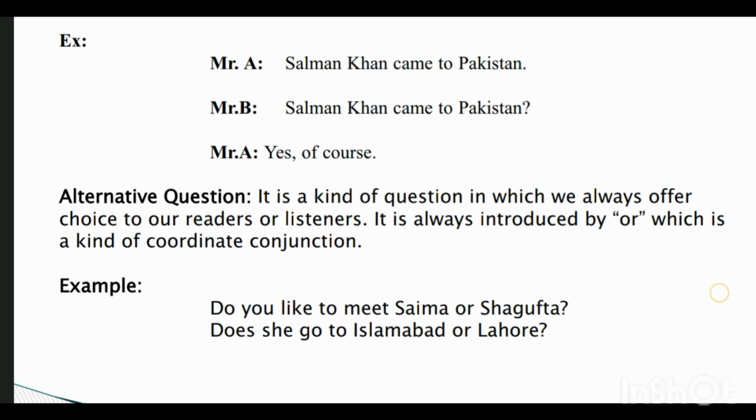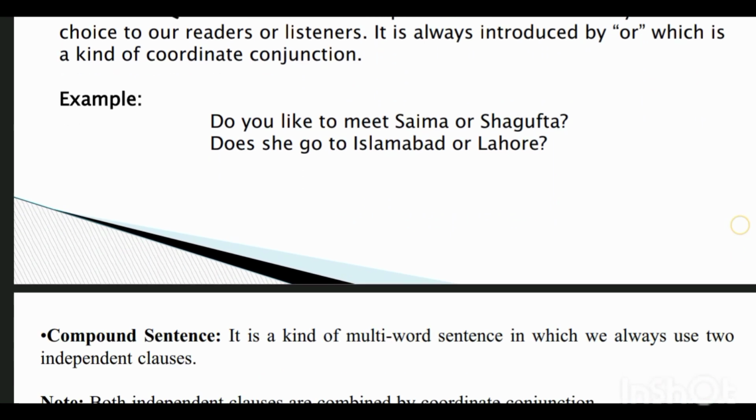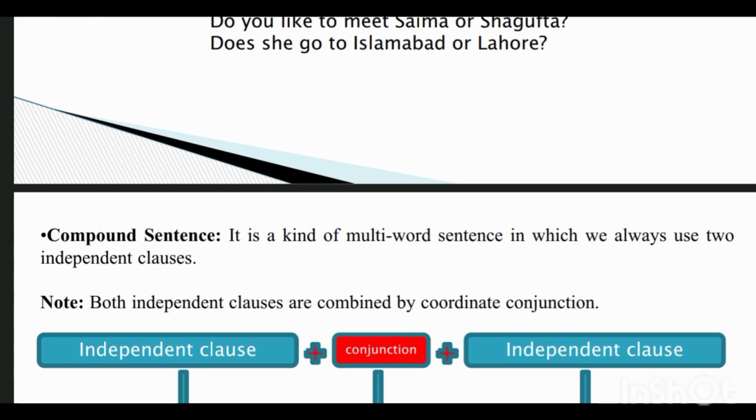And does she go to Islamabad or Lahore? It is an alternative question when you want to add two nouns, introduced by a coordinating conjunction.